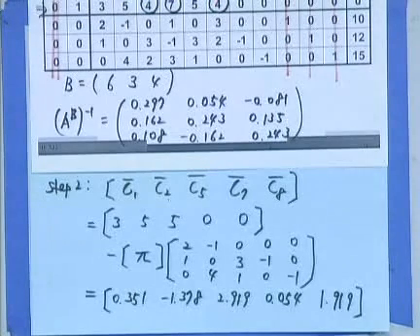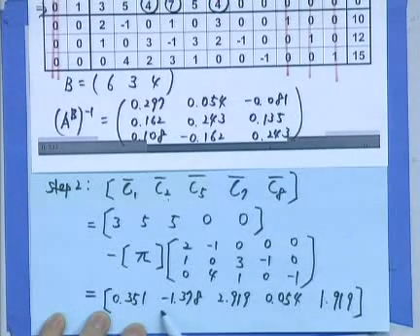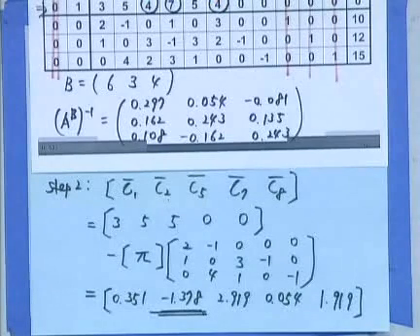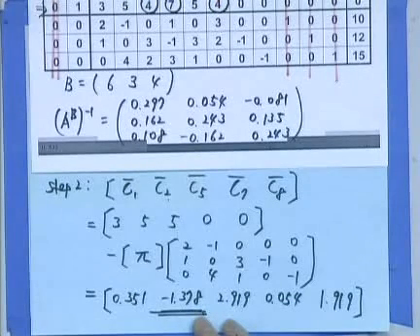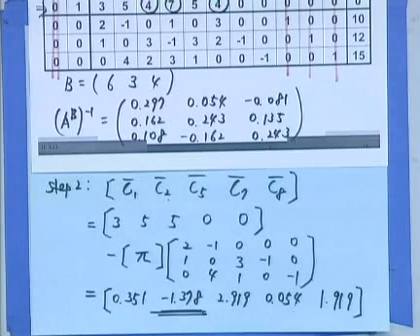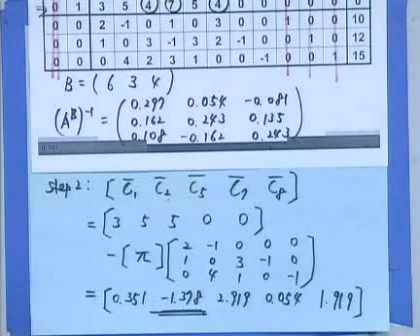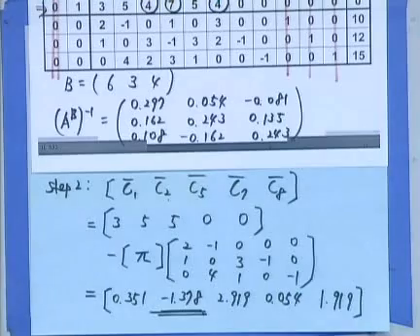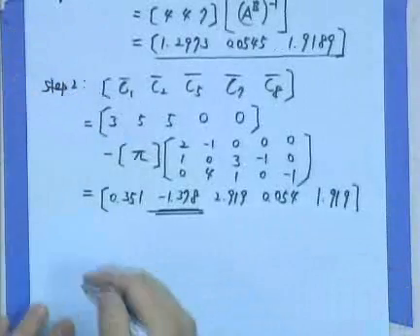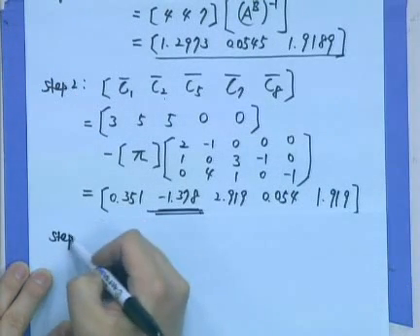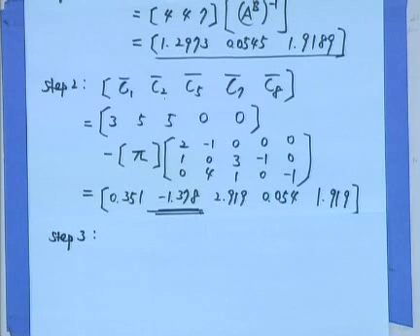Oh, we still have a negative reduced cost for the x2 variable, right? So the x2 variable must be accepted as a pivot variable. And the next step is selecting the entering variable.